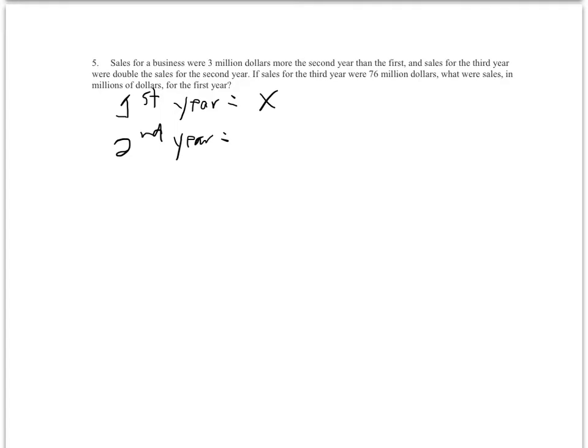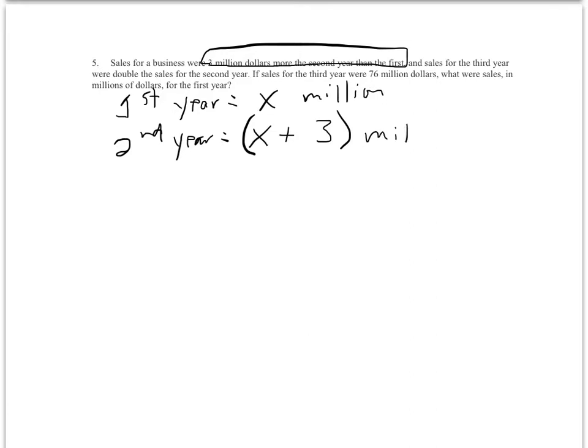It says sales were $3 million more the second year than the first. So whatever the first one is, which is X, the second one is $3 million more than that. So I'm going to write x plus 3, and this is in millions.